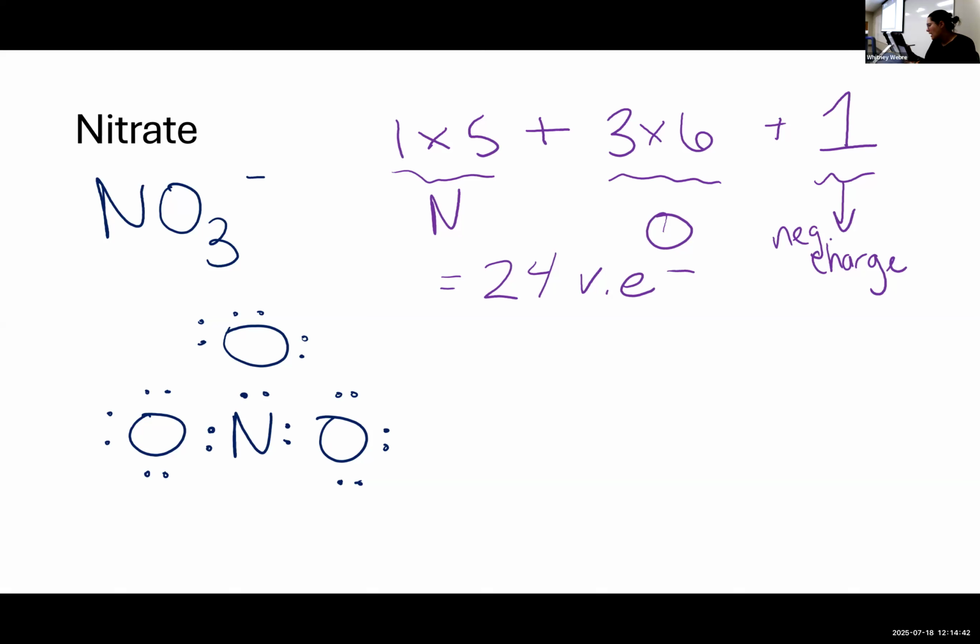All right, so right now, the way it's written, all of those oxygens have full octets, but the nitrogen does not. So it really doesn't matter which oxygen we pick from, but if I take one of those lone pairs and move it to make a double bond, I will now have nitrogen having a full octet. So once again, if you wanted to pick these two, it doesn't matter as long as you pick one oxygen.